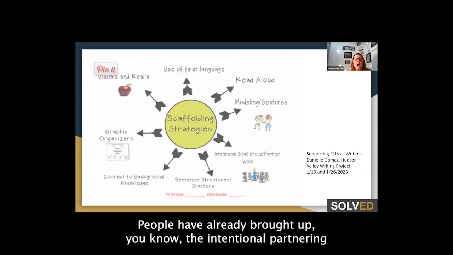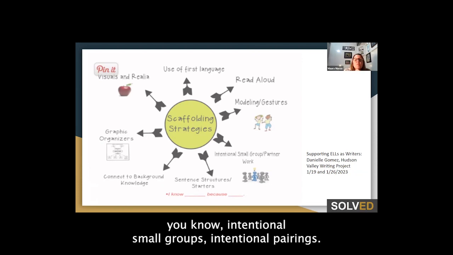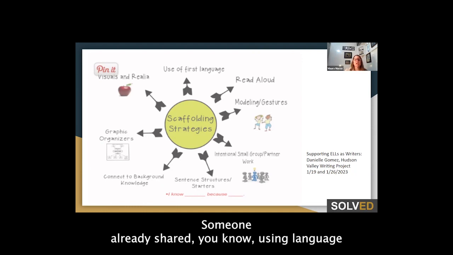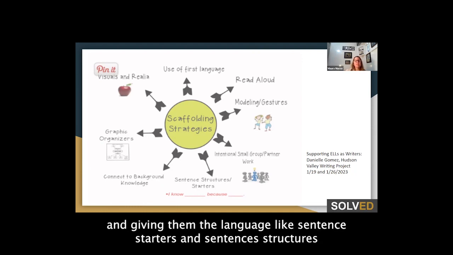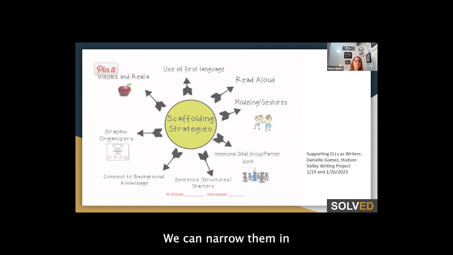People have already brought up the intentional partnering of our students, intentional small groups, intentional pairings. Someone already shared giving them the language, like sentence starters and sentence structures, so that they're not having to think in terms of very broad vocabulary. We can narrow them in.